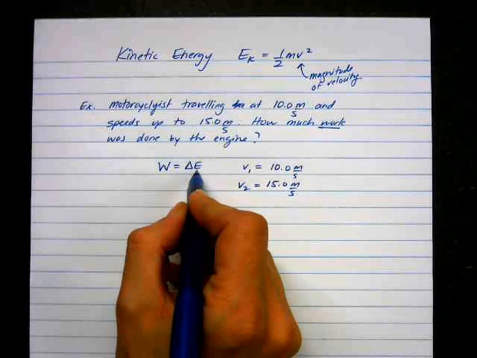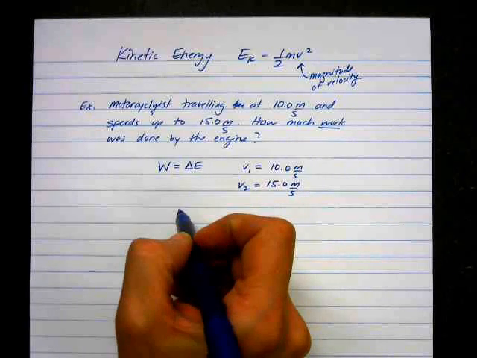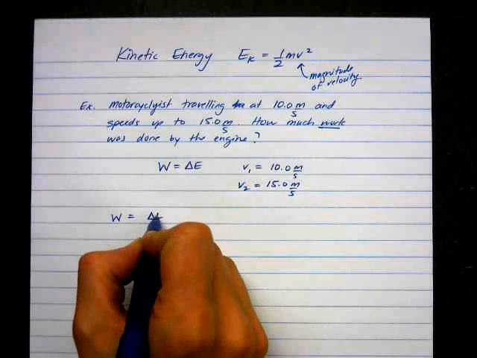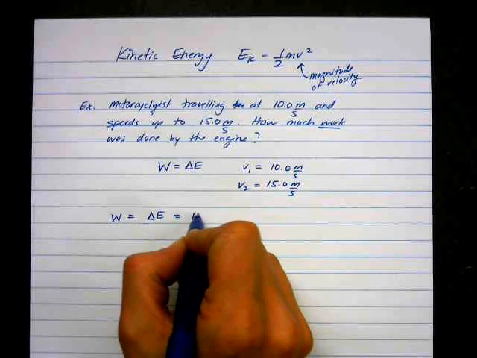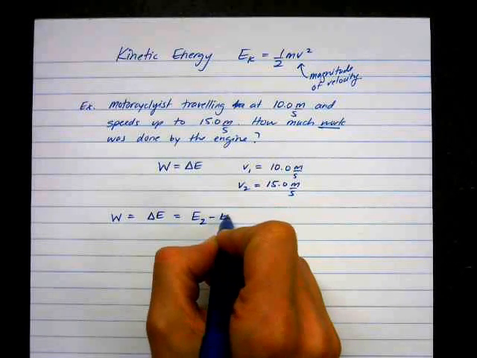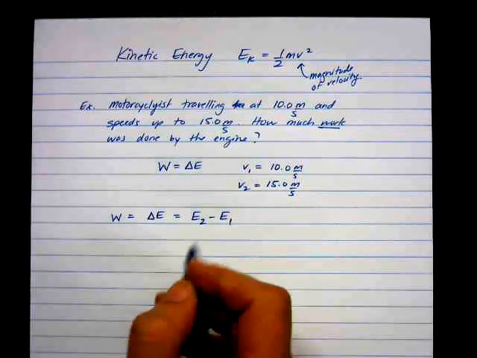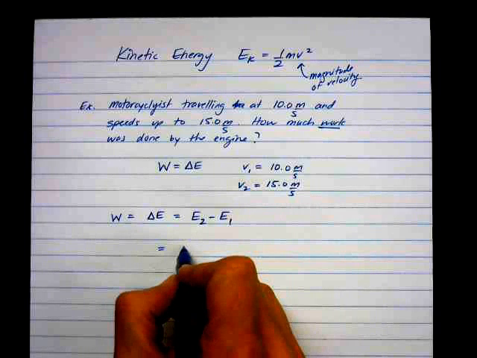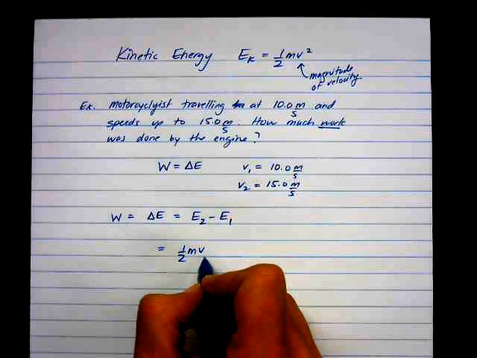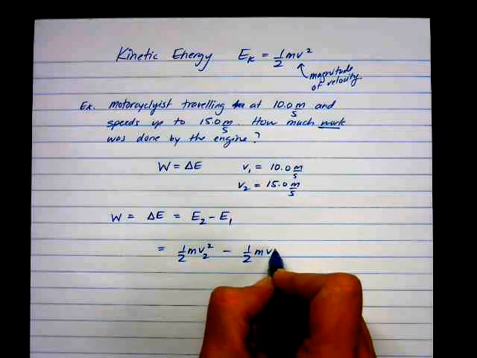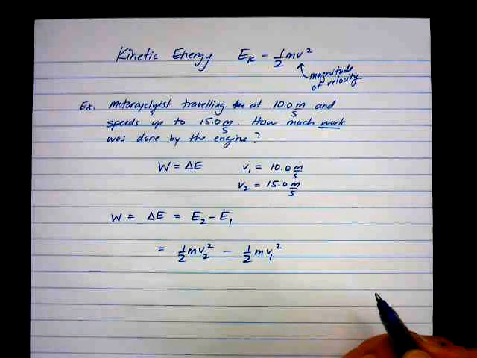So when we do this, this change in energy is actually change in kinetic energy. So we have work is equal to change in energy, which is actually EK2 minus EK1, because we always do final minus initial to find the change. So here we go, 1/2 m V2 squared minus 1/2 m V1 squared.